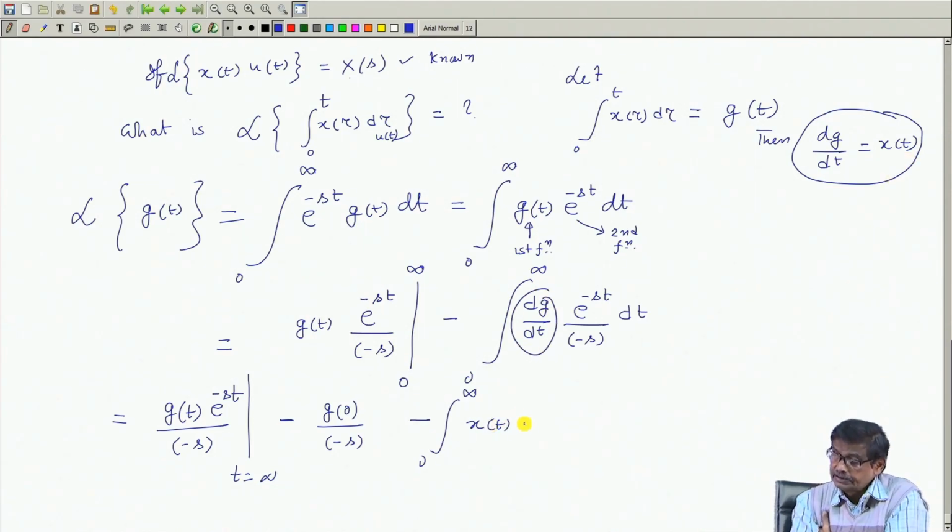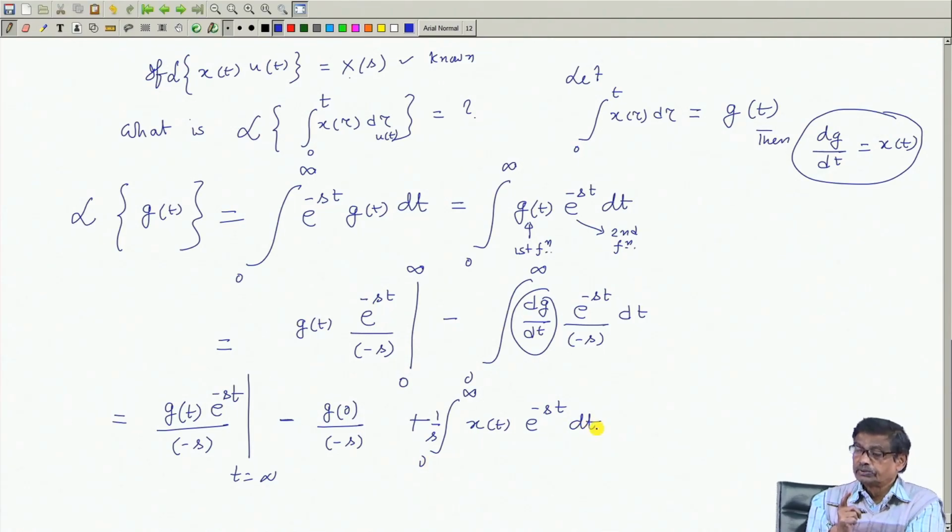So write x(t) e to the power minus st, and the minus 1 over s will come outside, making it plus, because you are integrating with respect to time, not with respect to s. So this s term can be taken outside.